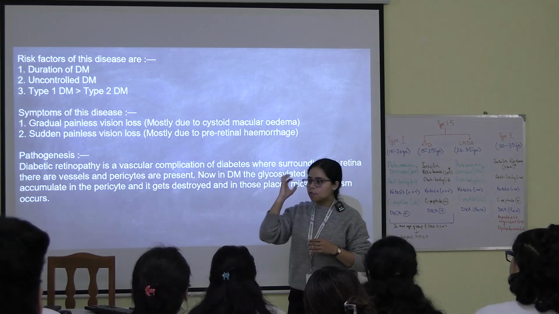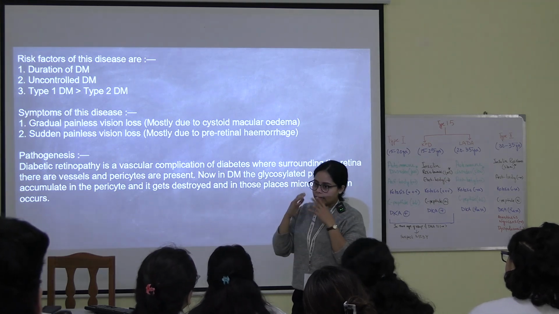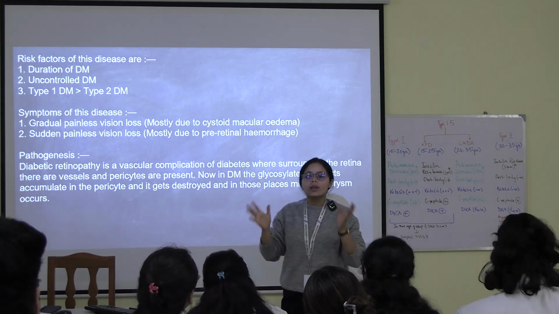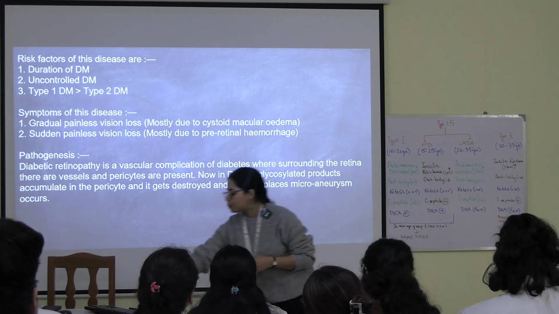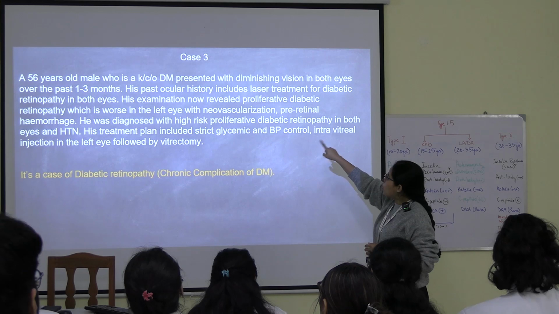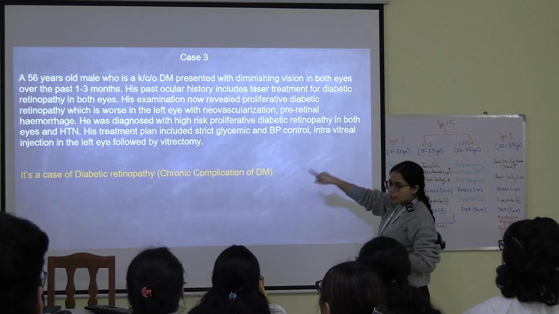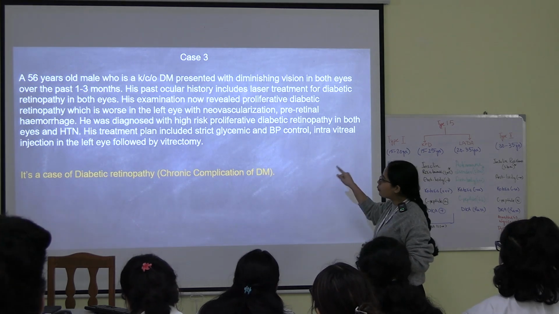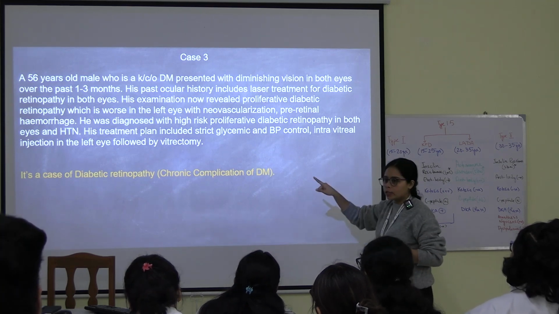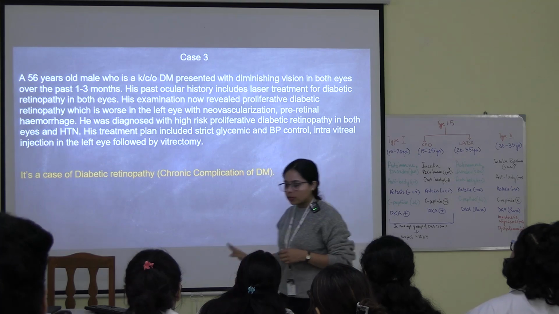Now when that is done, after that neovascularization happens, that means new vessels are formed. In this case you saw in examination, it revealed proliferative diabetic retinopathy, worse in the left eye with neovascularization, pre-retinal hemorrhage. Means it happened in this person's case.